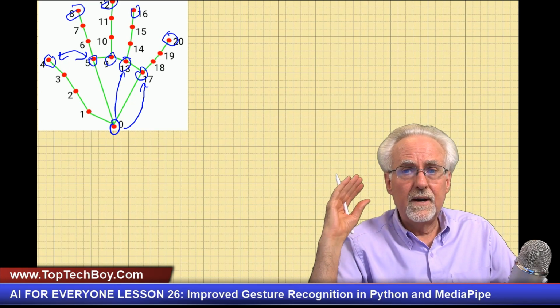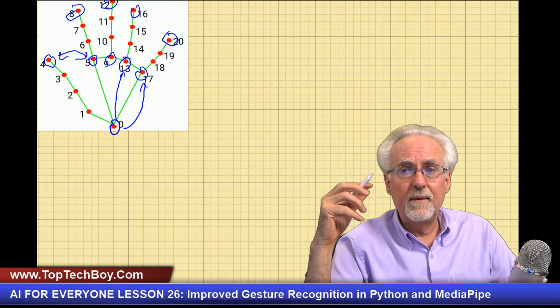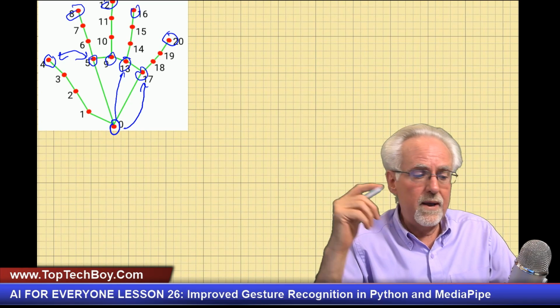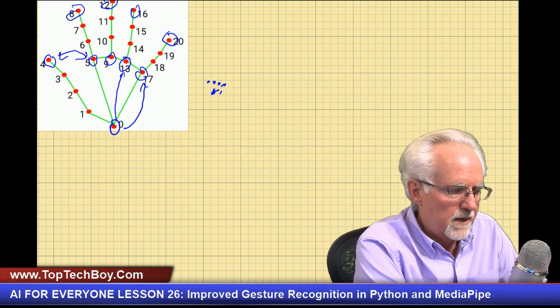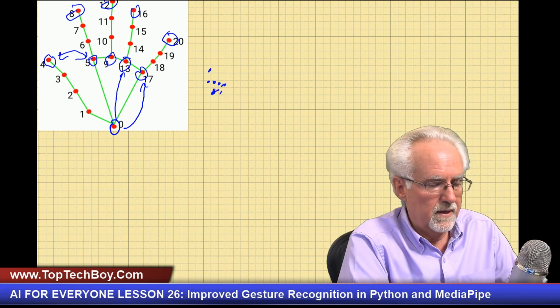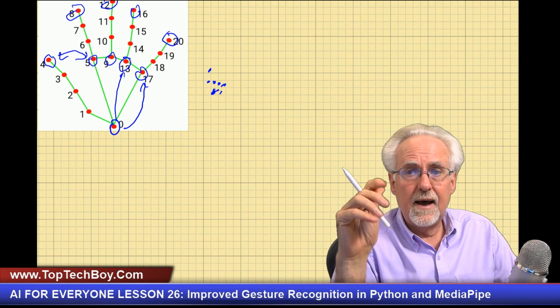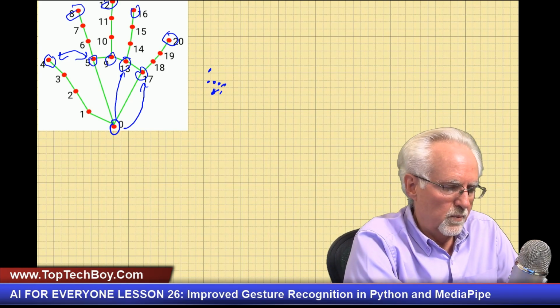Imagine we were going to do the number 1 and we trained very far away from the camera. Here we would have the wrist, then all these other digits, the folded digits, and the one sticking up like this. But imagine now that we tried to recognize it while it was closer.